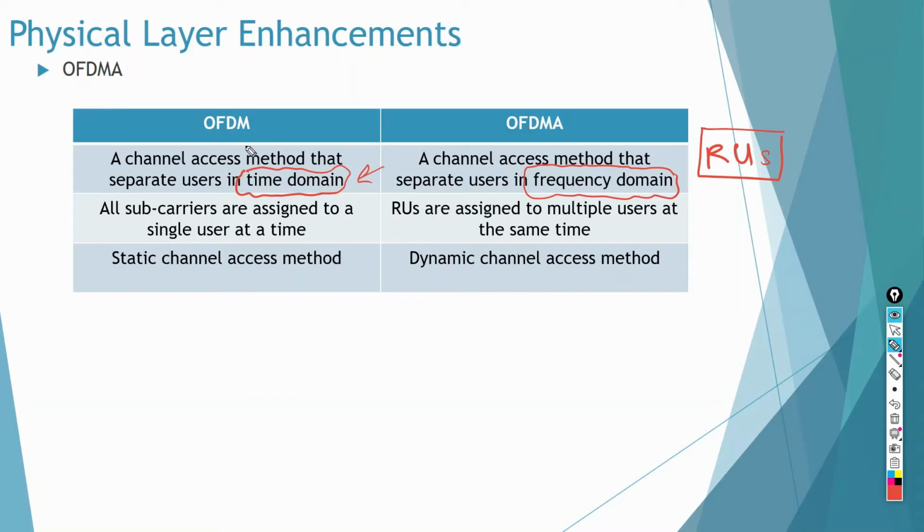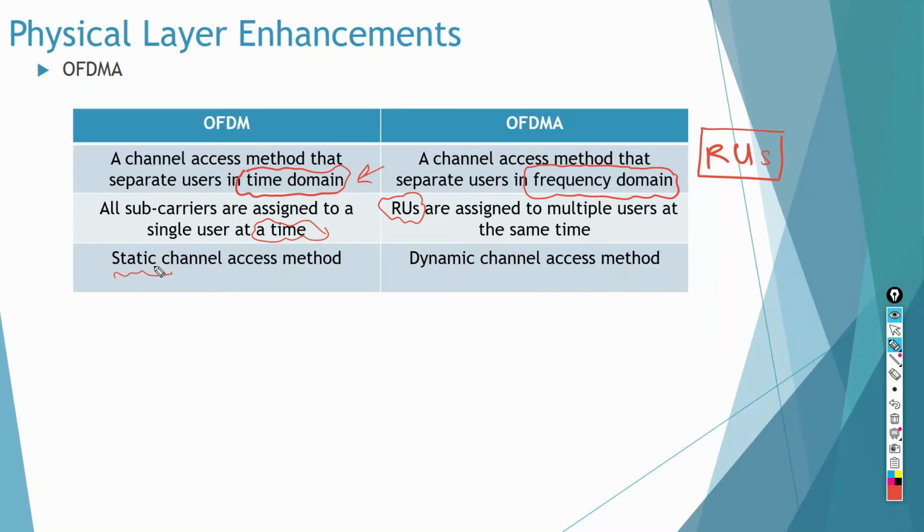So in OFDM, all subcarriers within a symbol are assigned to a single user at a time, whereas in OFDMA we have smaller frequency chunks with subcarriers, assigned to separate users at the same time. Therefore, based on what we have discussed, we can say that OFDM is a static channel access method. Why is it static?